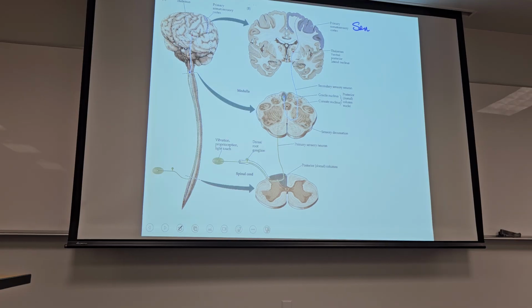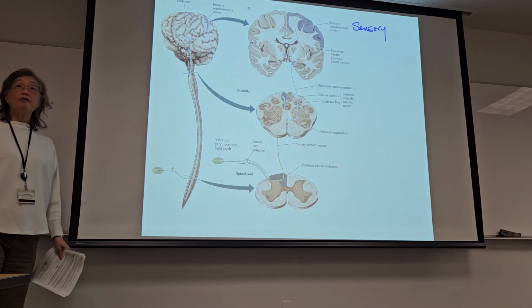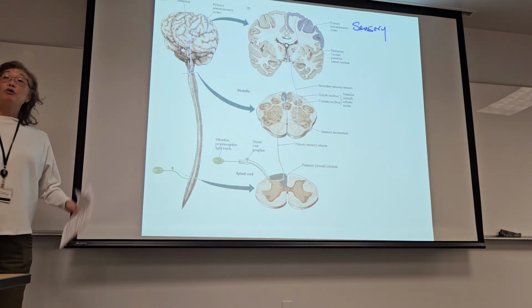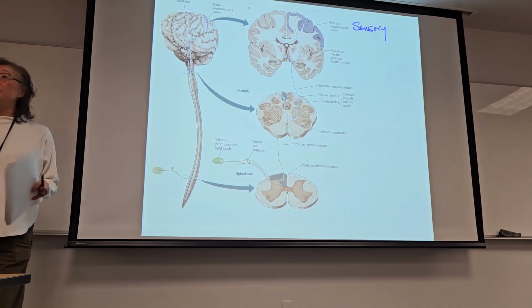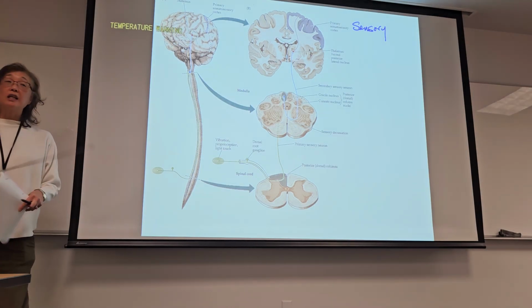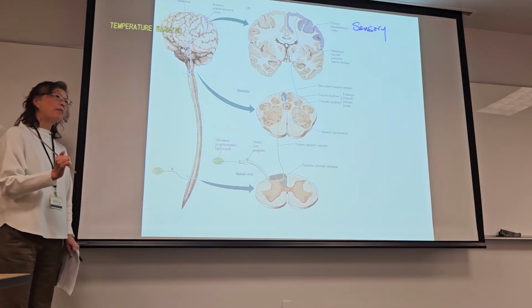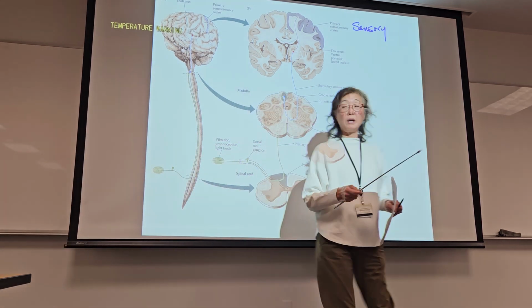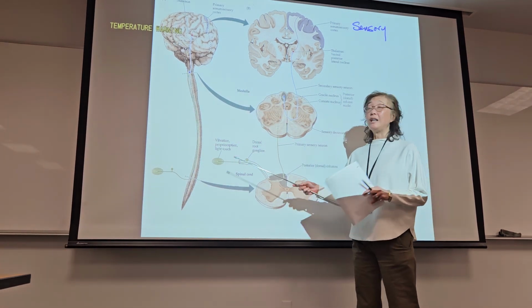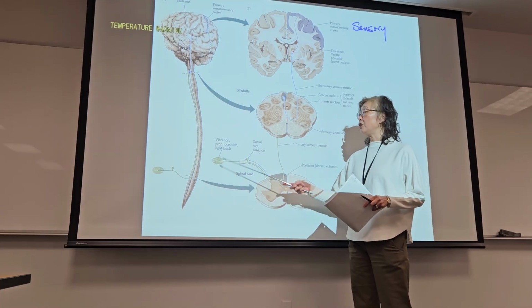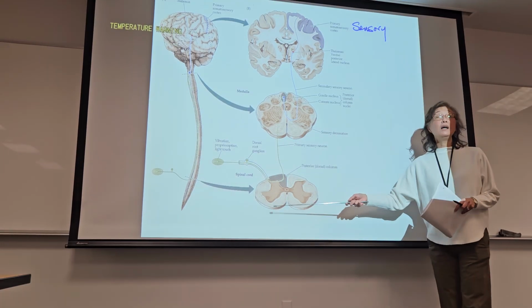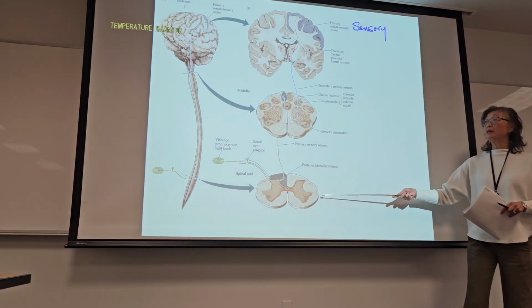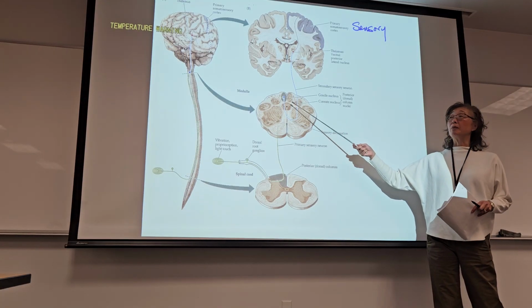Okay, so our primary sensory cortex, we will get into this in detail, so I'll just give you a preview right here. We have 3 neurons that get information from our body, our sensory mechanoreceptors, to our brain. A sensory mechanoreceptor sends its information to the spinal cord, it goes to the brainstem.